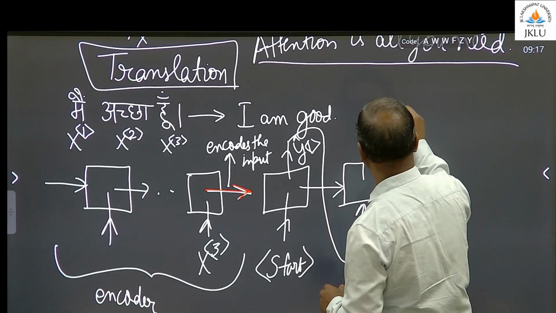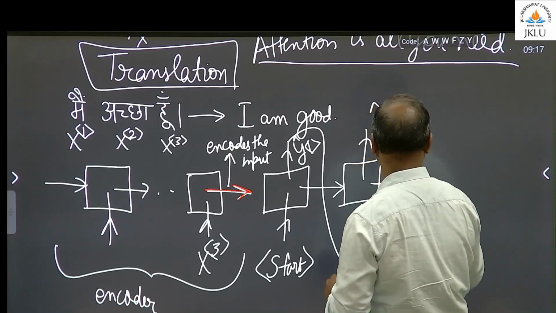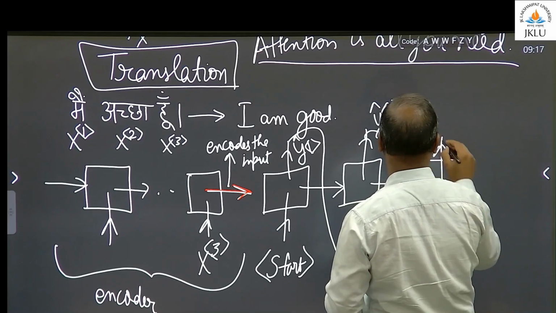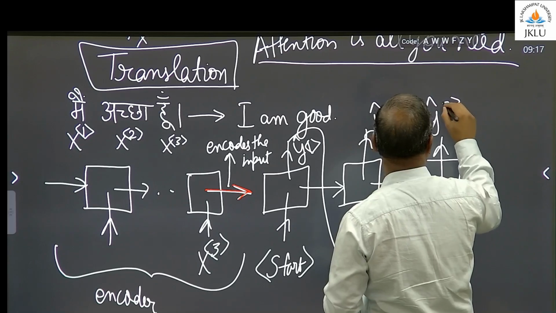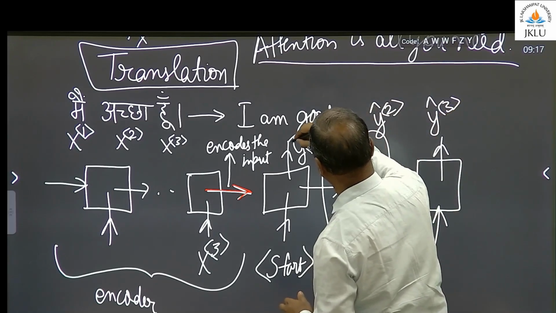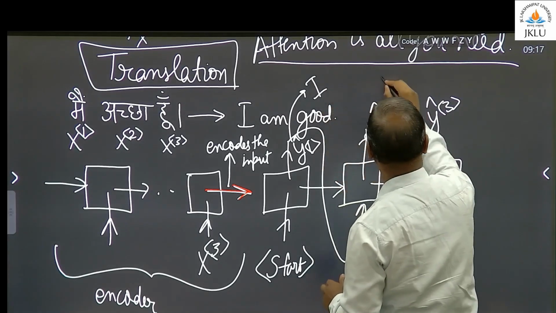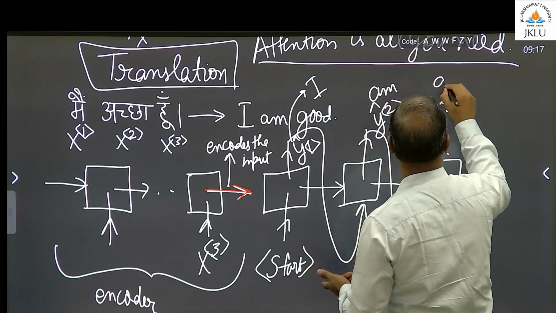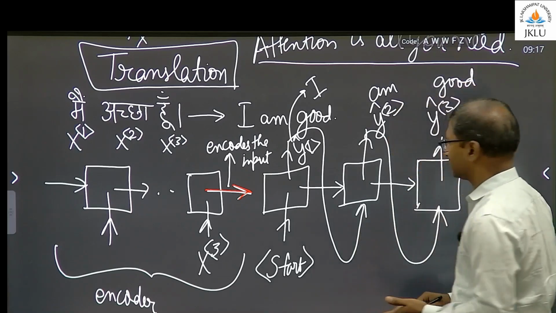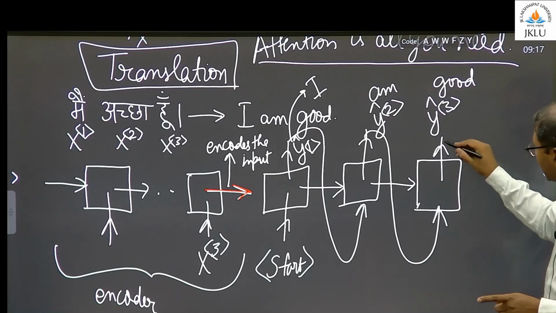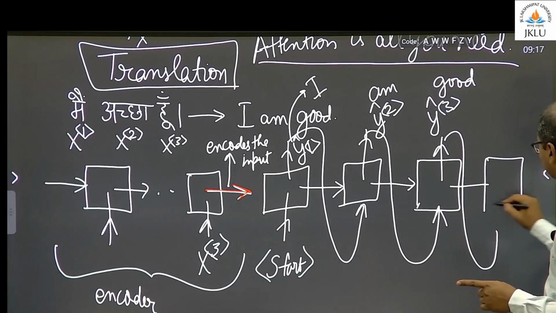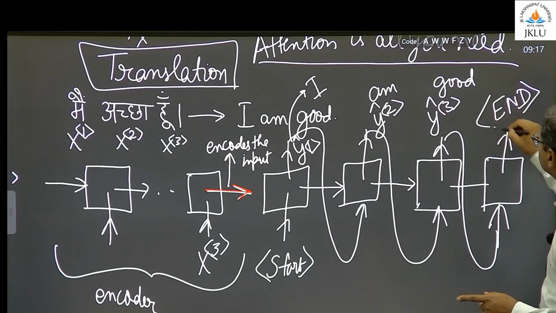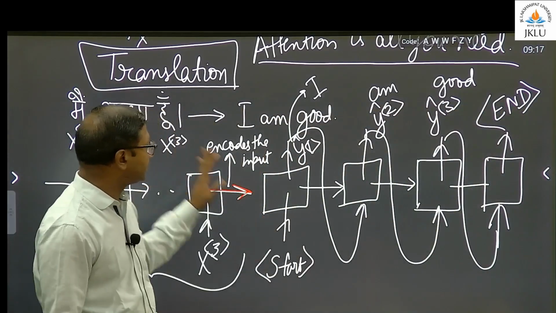Now this is y2 hat. And then finally this goes in, and this word was supposed to be I, this is supposed to be am, and this is supposed to be good. Finally, am I over? Not yet. I still need to generate the end token, right? So this is my translation.